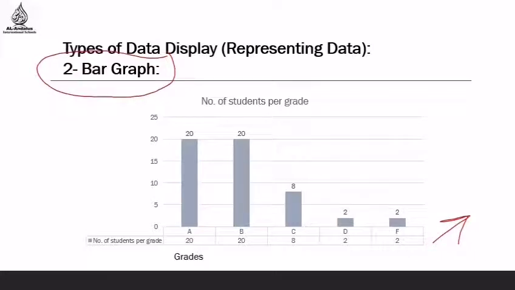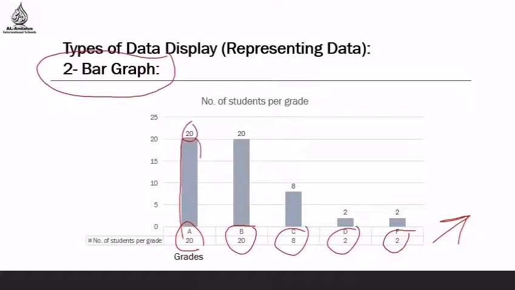It's a little different than the last one, as we have here 20 students in grade A, grade B 20 students, grade C is 8 students, grade D is 2, grade F is 2. So here in this graph, I will put at A 20 and then I will make a bar.